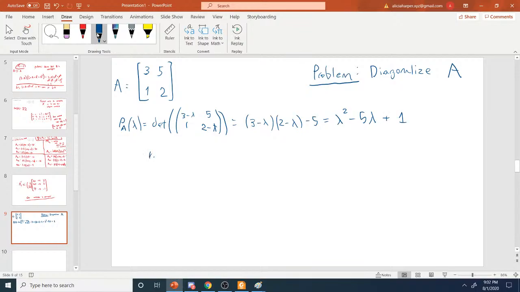So the roots of p_A(lambda) are given by the quadratic formula, plus or minus something divided by 2, and that something is negative 5 squared minus 4ac, so just minus 4. So this is equal to 5 plus or minus the square root of 21, divided by 2.